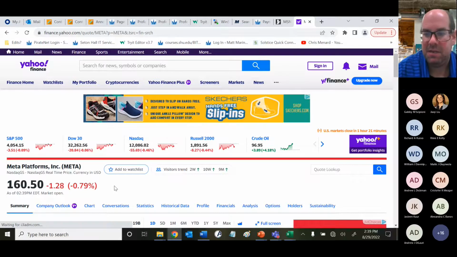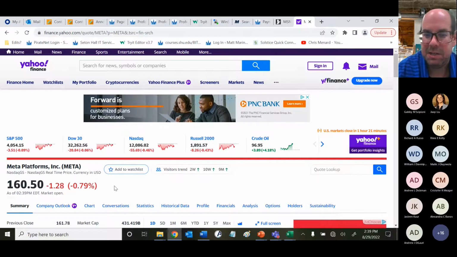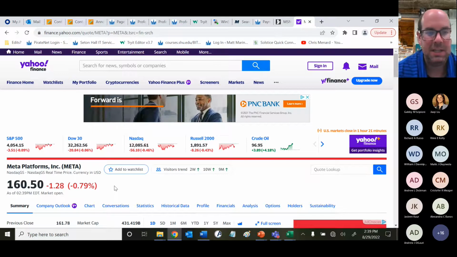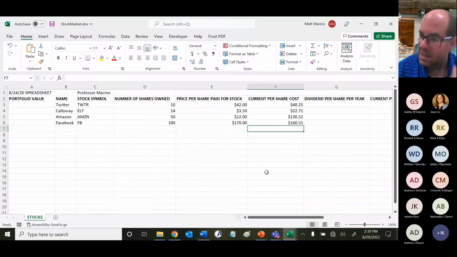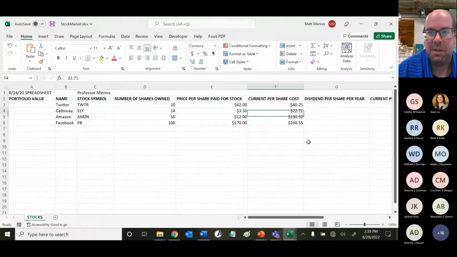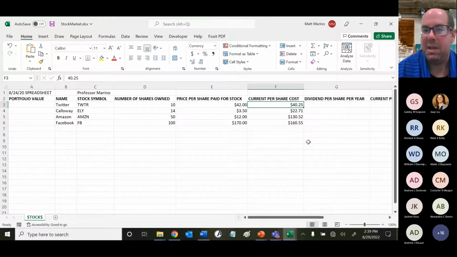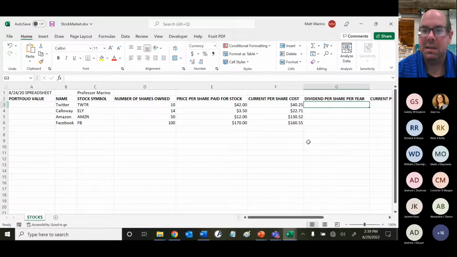So this is live updates on the stock price based on trades and sales. So that's why, for example, if you do this right after class today, this current per share cost may be completely different tomorrow. Maybe very different come next time we meet.